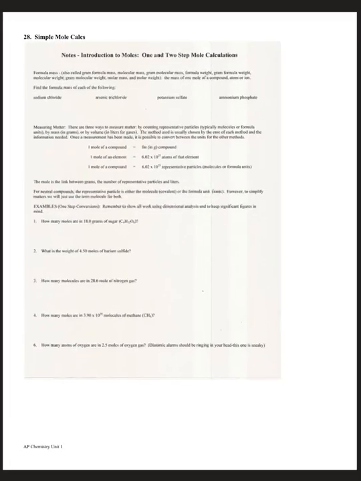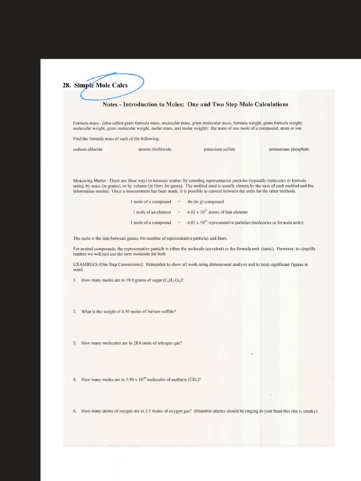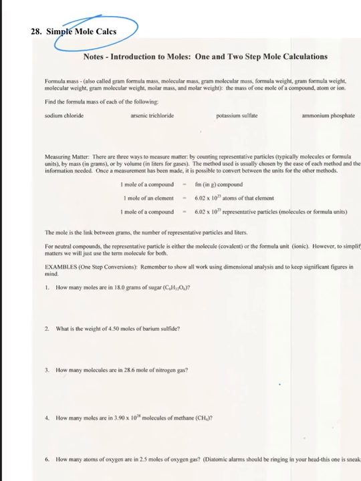Okay, so now our favorite thing, the mole. Okay, these are going to be one step, just so you know. So before we can even talk about the mole, we do need to talk about molar mass, or otherwise known as formula mass. Okay, this can be called so many different things, and that's all in this paragraph here.